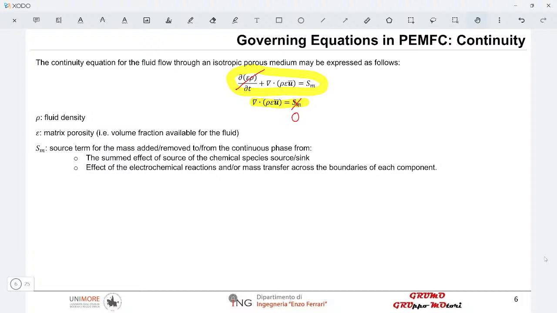But the hydrogen is consumed, so at the anode, where we have just hydrogen, we will have a reduction in mass. And at the cathode, we will have a consumption in the same way of oxygen and a creation of water. Okay, so just remember this SM term is not 0 because if you look at just the fluids, yes, mass can be destroyed or created. Okay, and this is not a physical absurdity. Okay, that's what I wanted to bring to your attention.